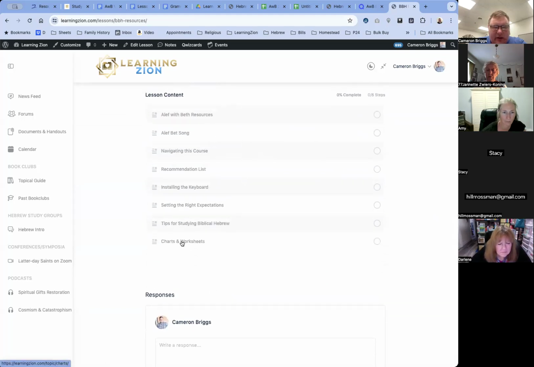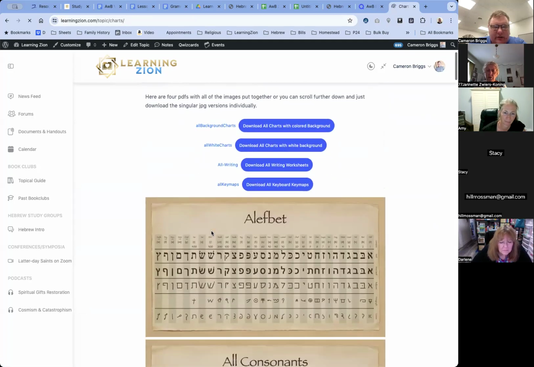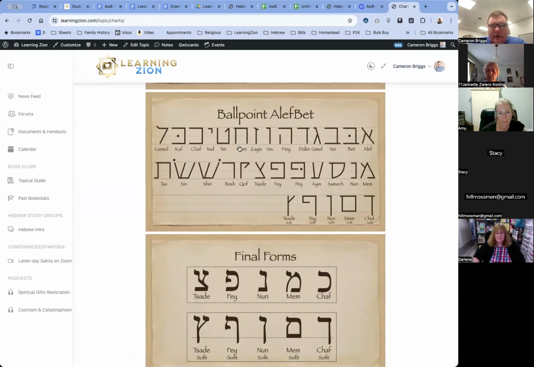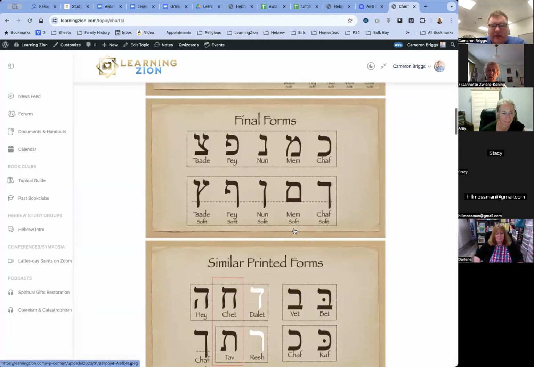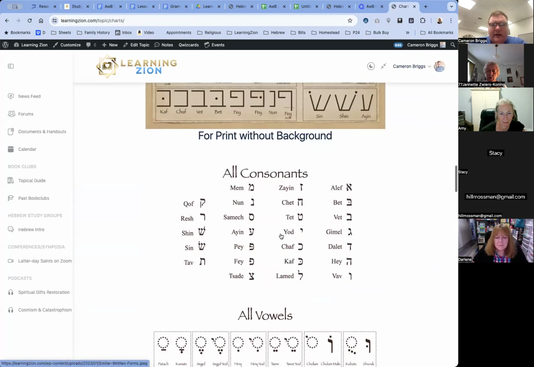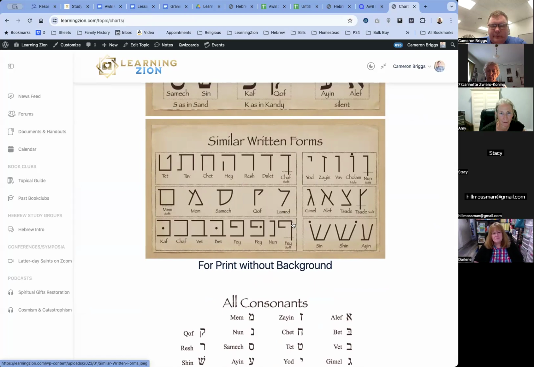In the charts and worksheets, there are the ballpoint ones, and here are the calligraphy kind of things. You can see all of the different charts that I made back in our very first round, and the ones that are often mistaken for each other.